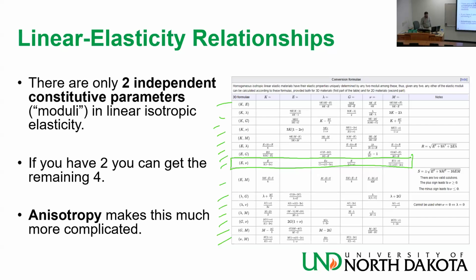Now, if you have anisotropy, things become much more complicated. I did talk in the previous part of this lecture about transverse anisotropy, which is isotropy orthogonal to an axis.